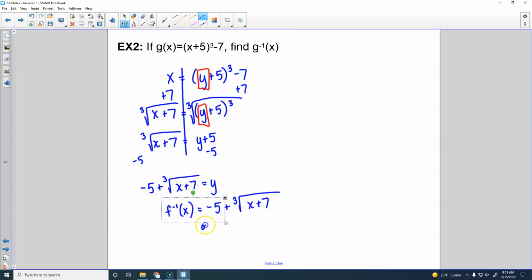It is also okay to write it like this: the cube root of x plus 7 minus 5. You usually don't see it written like this as much, just because if you draw your line out just a little too far, then that negative 5 is under the square root, which is not correct. But either is okay and could show up.